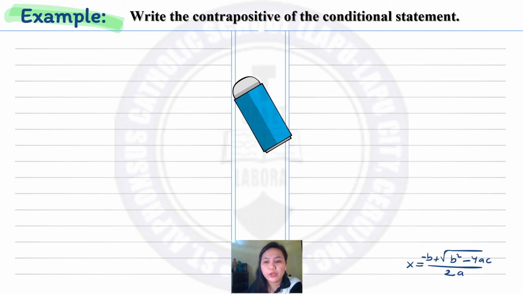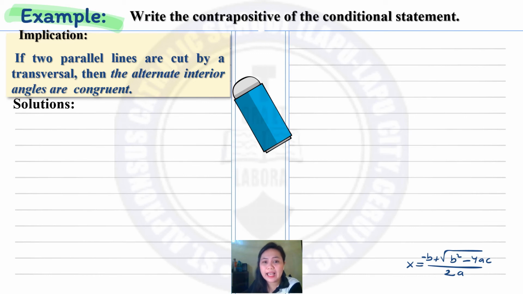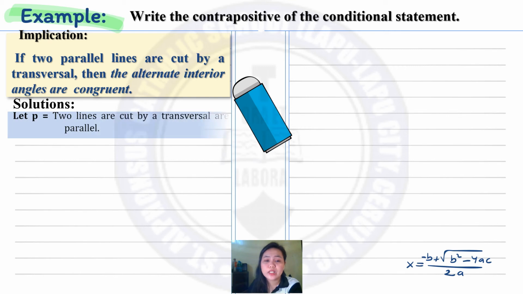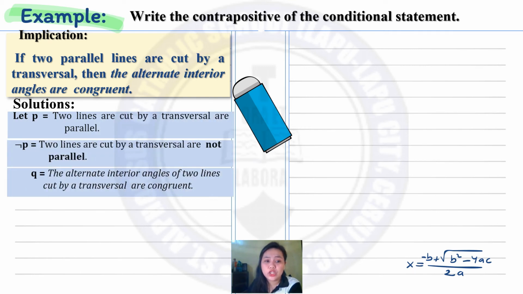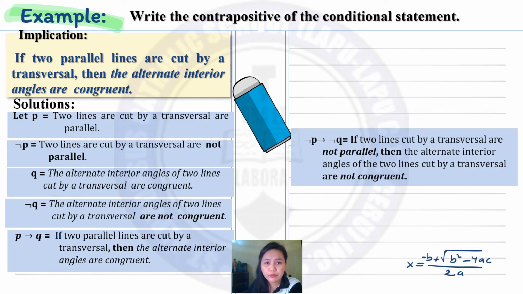Now, as we write the contrapositive of this conditional statement, if two parallel lines cut by a transversal, then the alternate interior angles are congruent. Since we have found P, the negation of P, Q, and the negation of Q, and also the implication of P and Q, and its inverse, which is if two lines cut by a transversal are not parallel, then the alternate interior angles of the two lines cut by a transversal are not congruent.